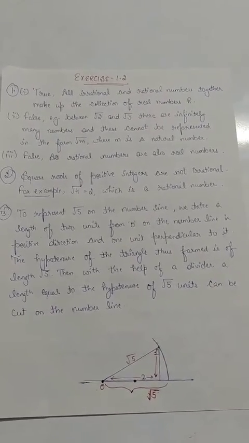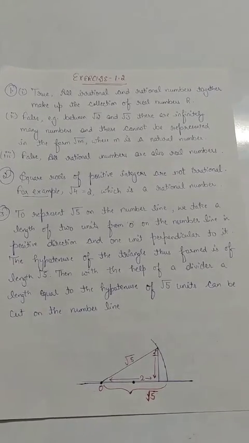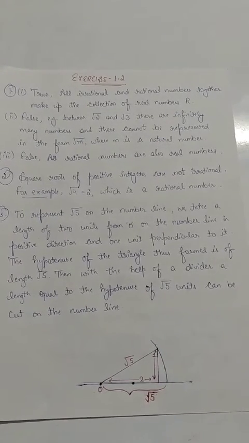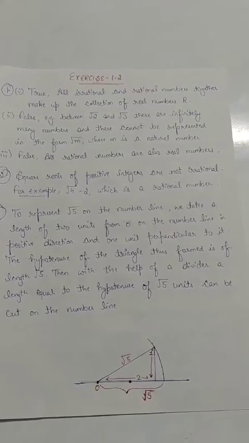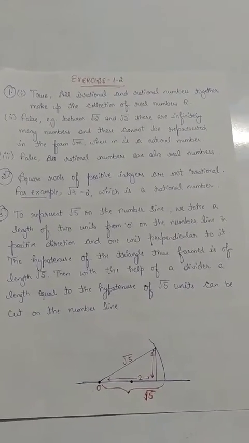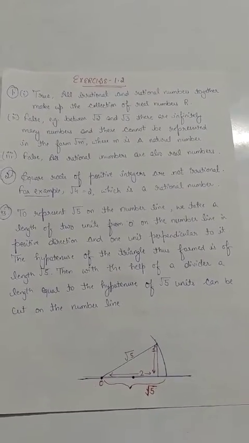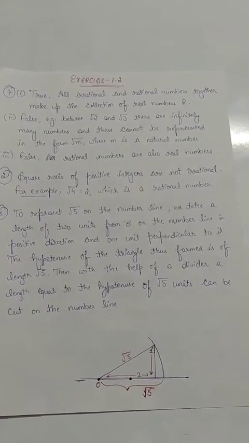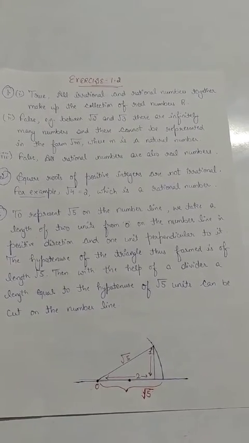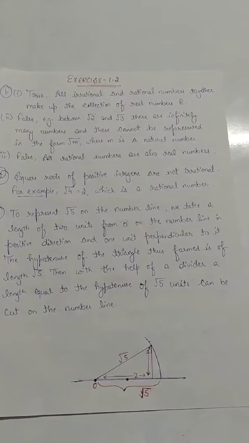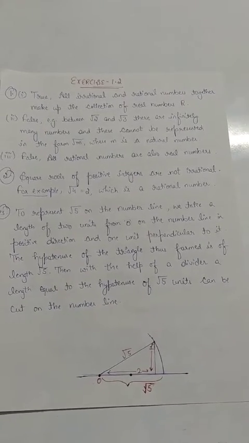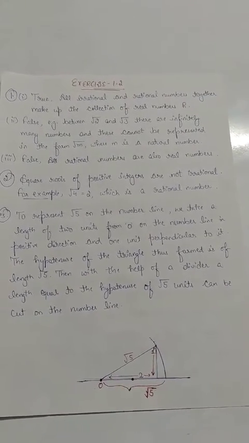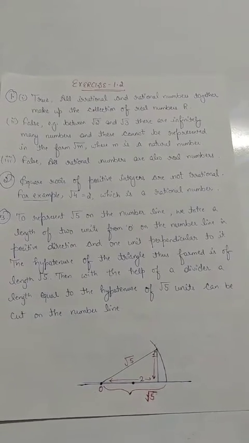For example, between root 2 and root 3 there are infinitely many numbers and these cannot be represented in the form of root m, where m is a natural number. So all the numbers which are not perfect squares cannot be represented as natural numbers. Only those numbers which are perfect squares can be represented as natural numbers.